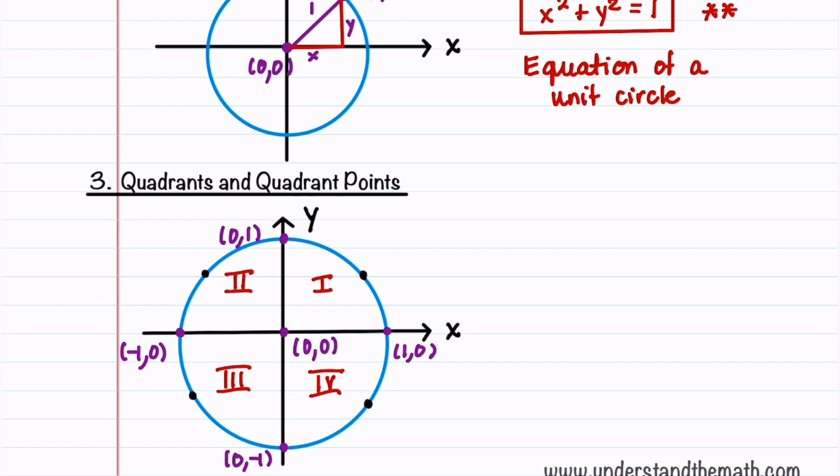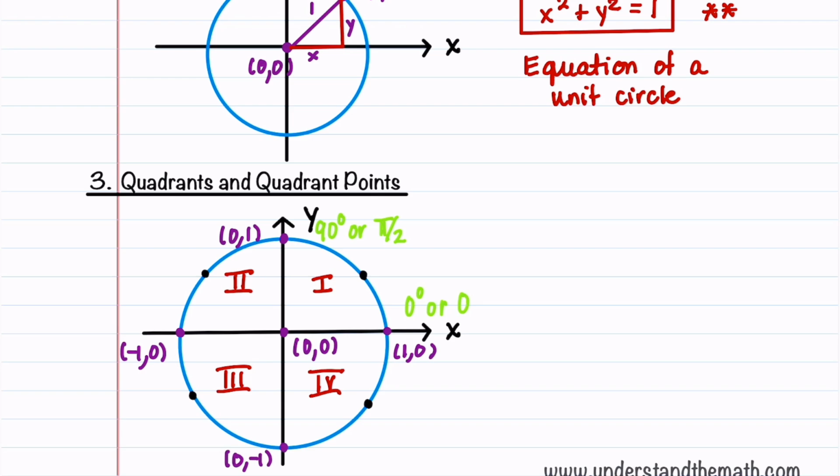Let's now identify the quadrant points. Our first one is located at the point 1, 0, and this is where we would have 0 degrees or 0. Our next point is at the top of the circle, and this is 90 degrees or pi over 2.